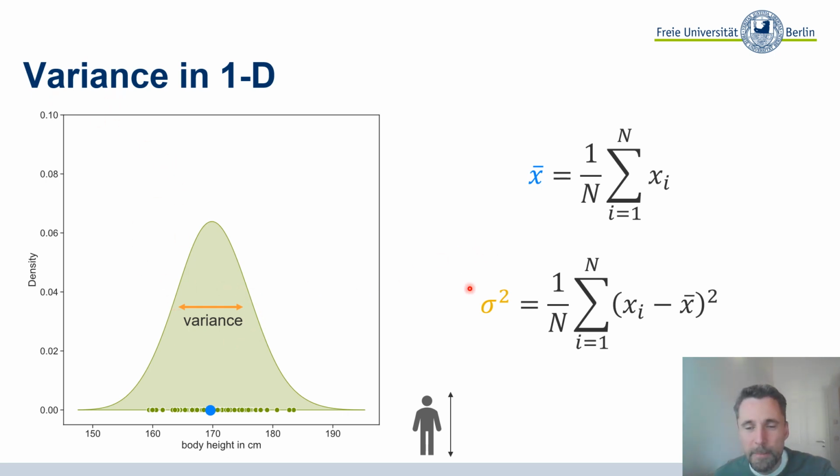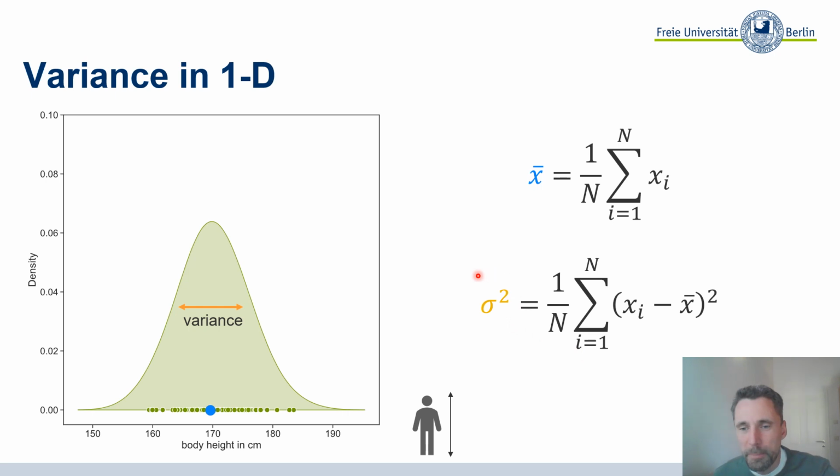That's really the average deviation of each data point to the mean, to the center of the distribution. So we subtract each of these data points from the mean, we square it, and then we average these squares.